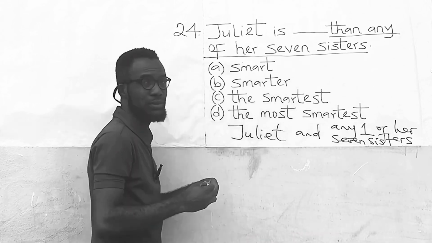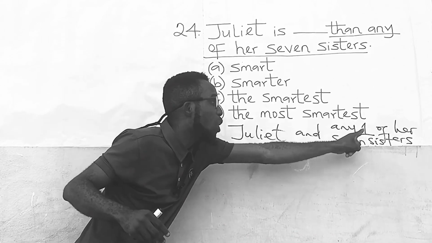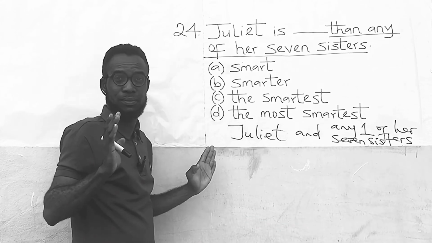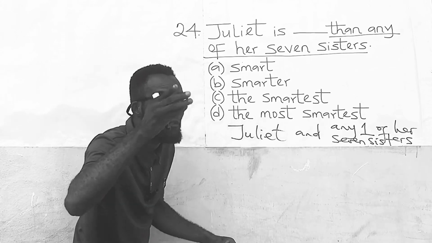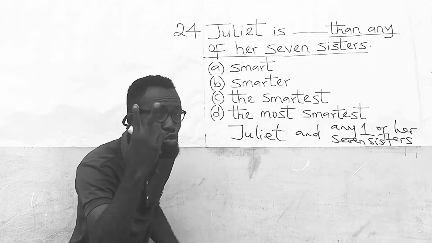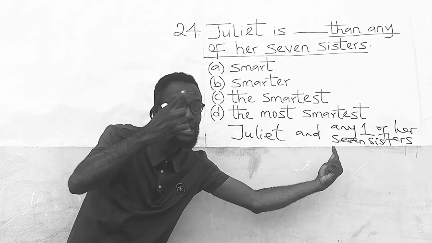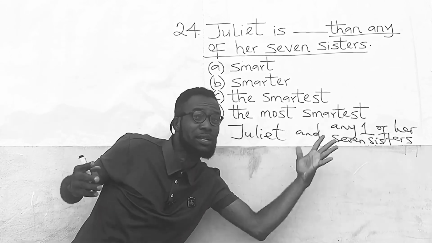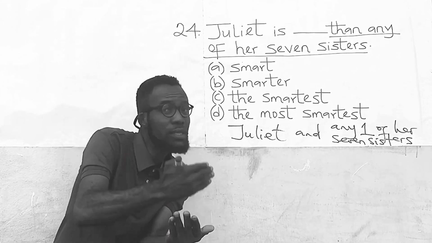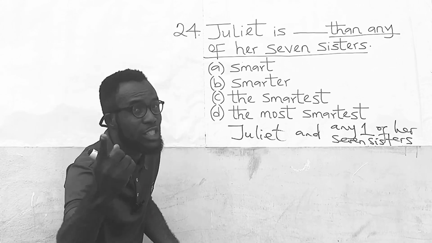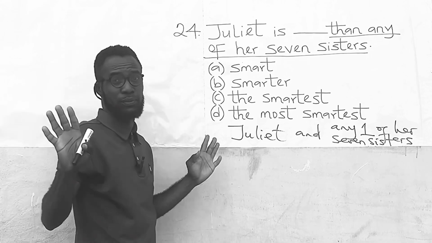So, Juliet is compared with any one of our 7 sisters. So, 2 persons are compared here. And we have said that if the number of persons or things compared in the question is exactly 2, then choose comparative adjective.